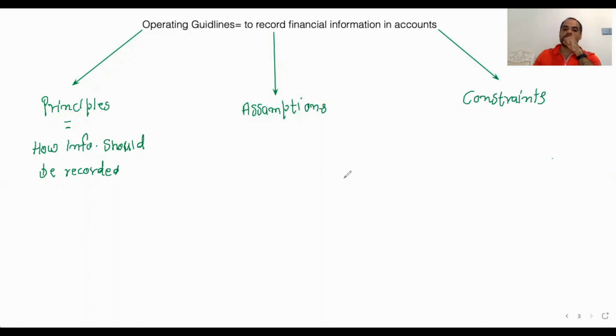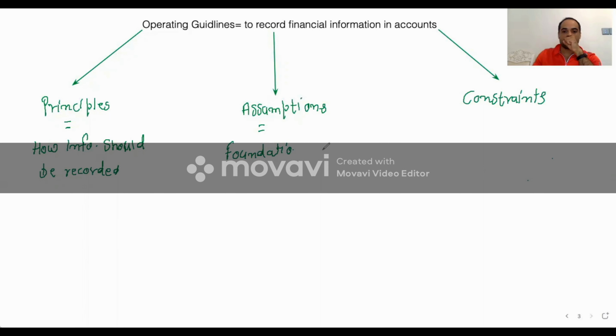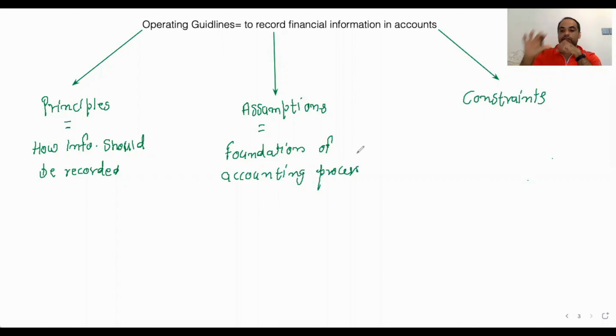Assumptions provide the foundation of the accounting process. Accounting process is the process that helps us to record the information, which consists of 5 steps. So in topic 2, you will study this accounting process.